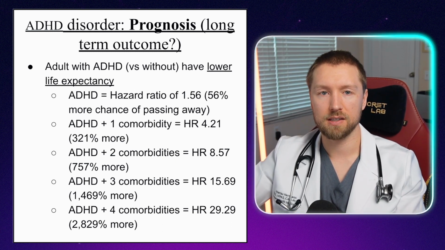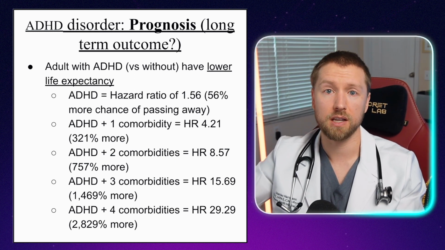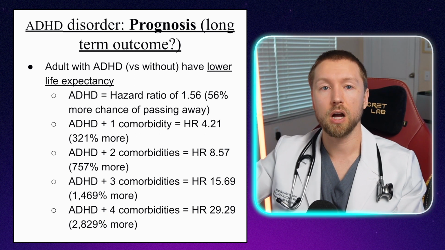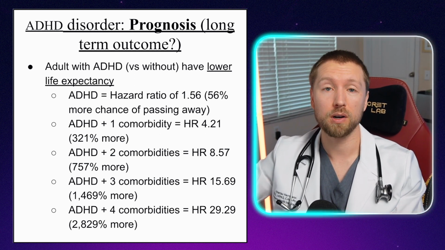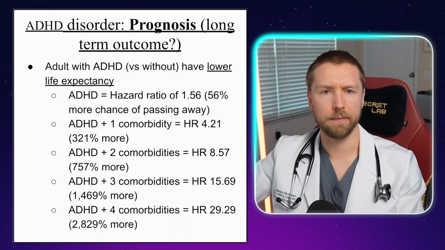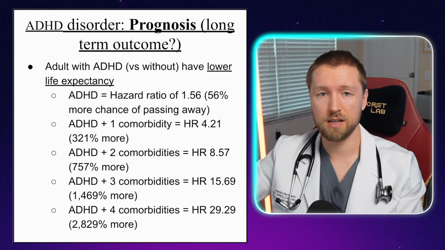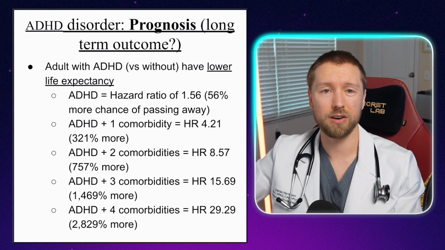So when you look at this, ADHD with one comorbidity, let's say ADHD with anxiety, the person is 321% more likely than someone without ADHD to pass away. And these numbers really skyrocket with the more comorbidities the person has with their ADHD.